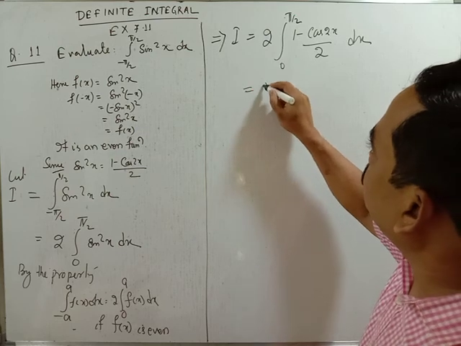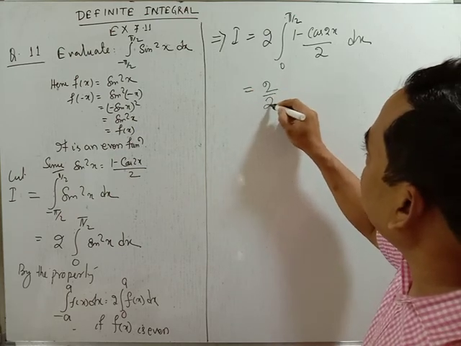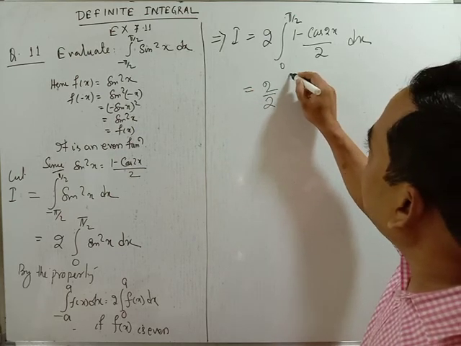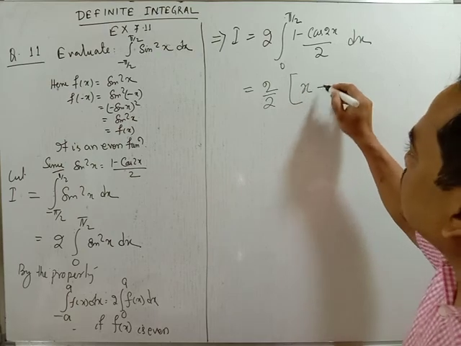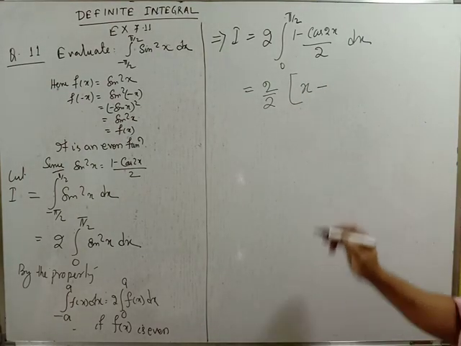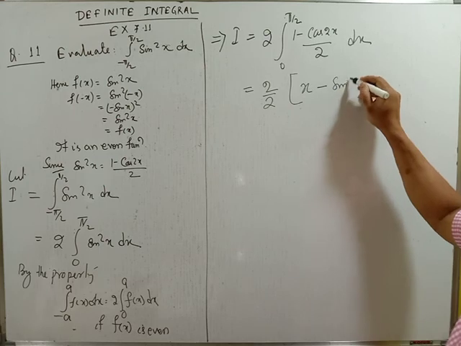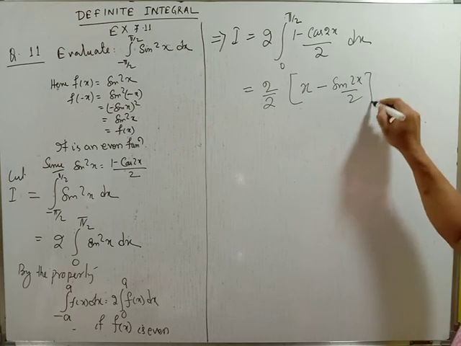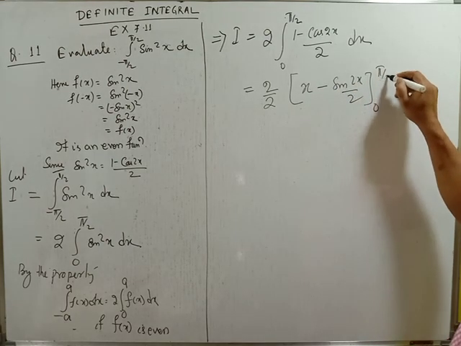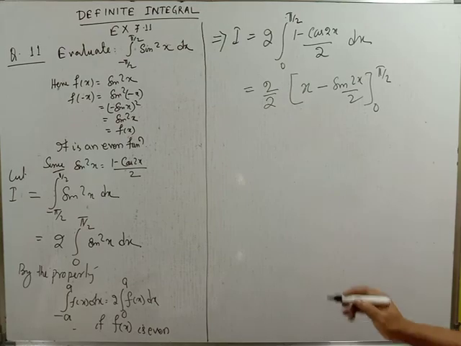Now this 2, you bring it outside, 2 by 2, and the integration of 1 is x minus, the integration of cos 2x is sin 2x by 2, and the limit is 0 to pi by 2. Now what are you getting?